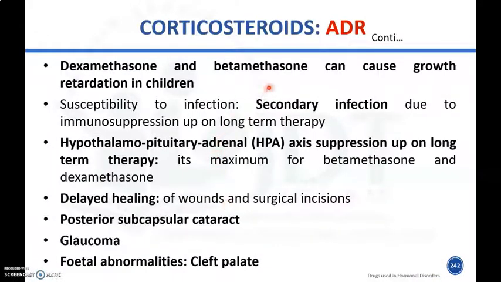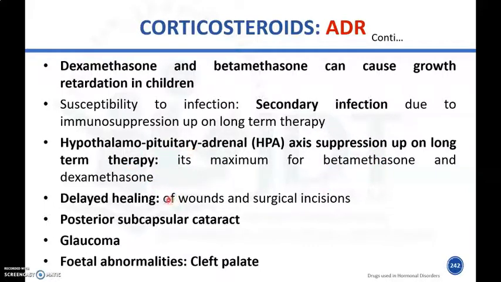Now, dexamethasone and betamethasone can cause growth retardation in children, and there will be a chance for secondary infection due to the immunosuppression by glucocorticoids on long-term therapy. And there is a chance for hypothalamo-pituitary-adrenal axis suppression on long-term therapy, and it is maximum in the case of betamethasone and dexamethasone.